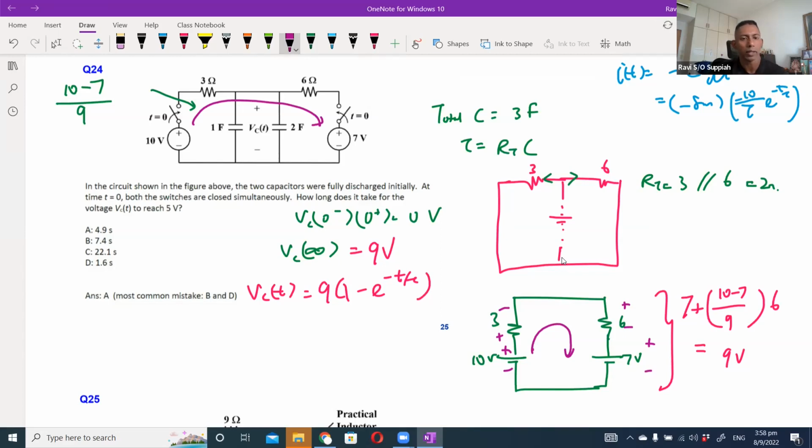So I need to take this expression 9 times 1 minus e to the minus t over tau to be greater than or equal to 5. That is the basic thing. Then the rest is just solving it. You have e to the minus t over tau less than or equal to 4 over 9, and eventually you'll get t must be greater than or equal to 4.87 seconds something. So the answer here will be A.